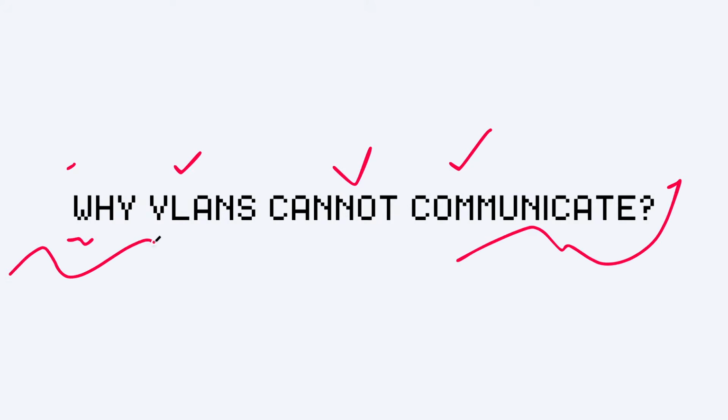So, why can VLANs not communicate? Any idea, any single point, whatever you know, please comment down why VLANs cannot communicate. Two VLANs cannot communicate with each other. Why? What's the restriction? I'm waiting for your comments and then we'll move further.